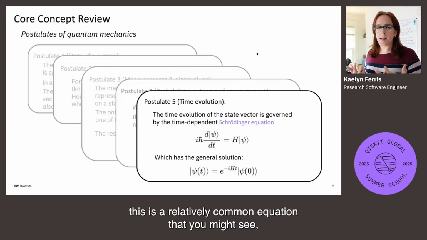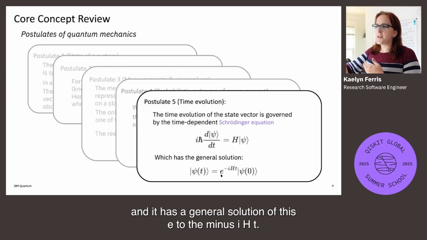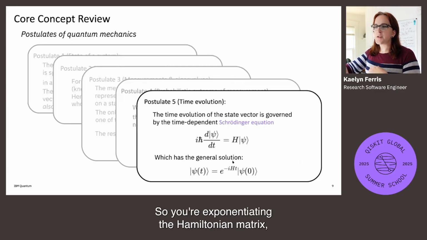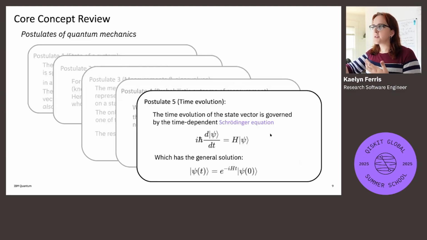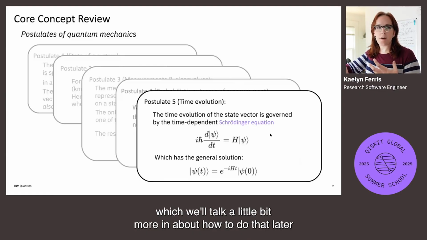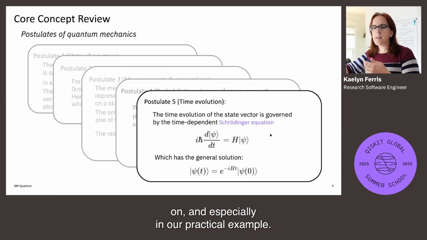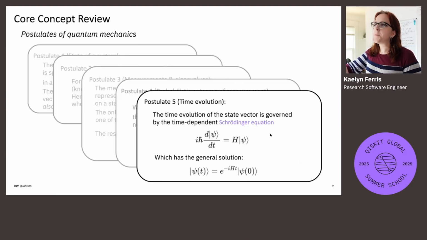This is a relatively common equation. It has a general solution of e to the minus iHt, so you're exponentiating the Hamiltonian matrix, which we'll talk a little more about how to do later on, especially in our practical example.